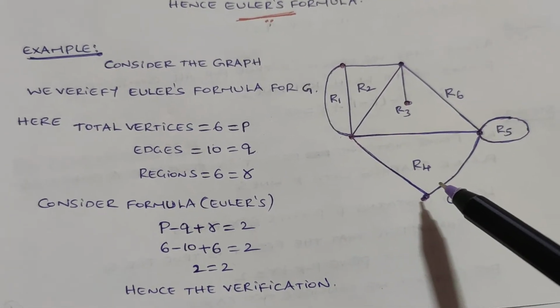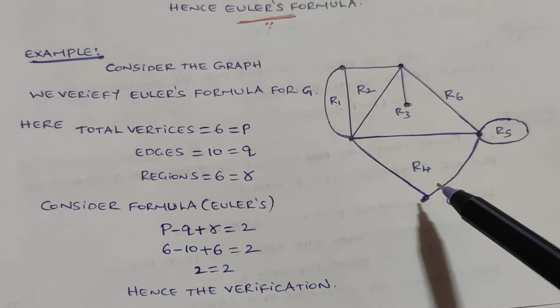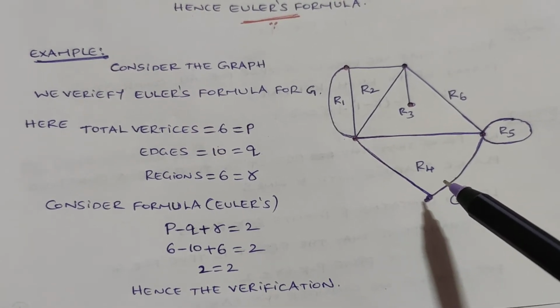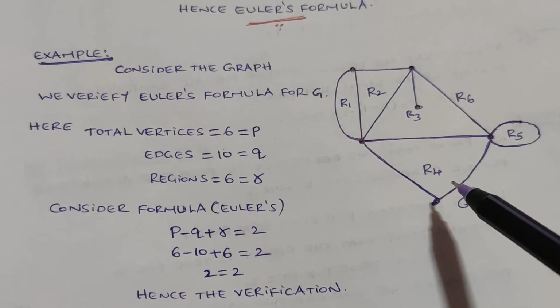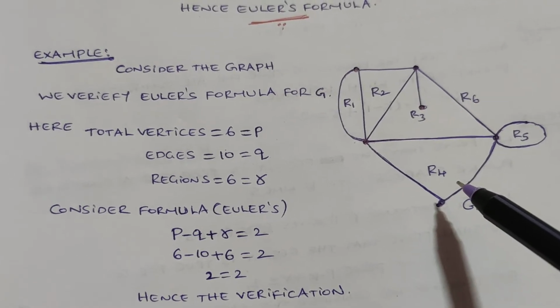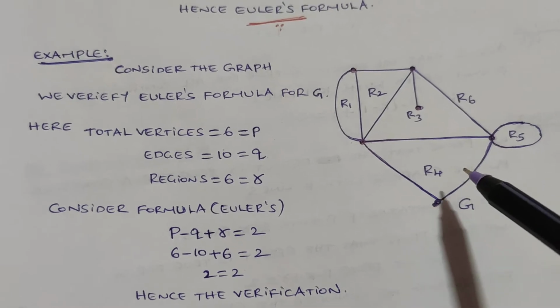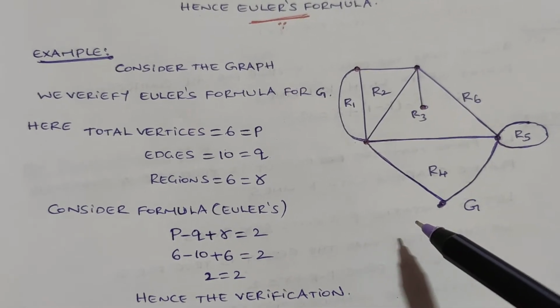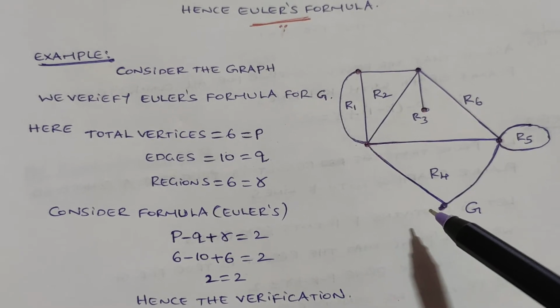If any other graph appears in the exam, remember that the first point we observe in the verification of Euler's formula will be the number of points, the number of edges and the regions.